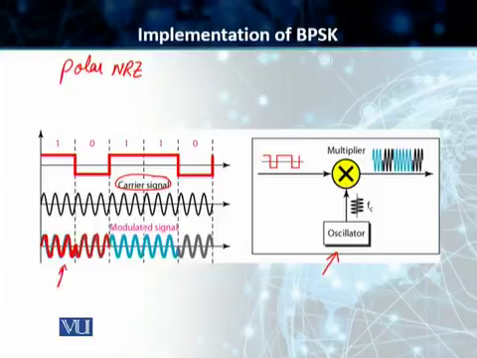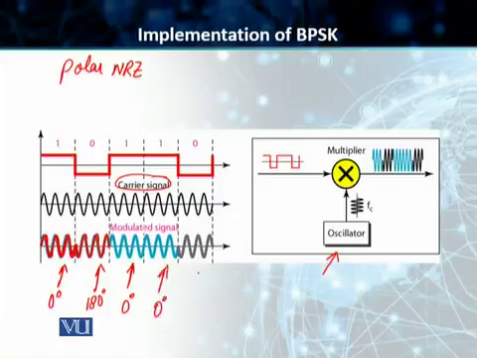So a 1 is represented by a phase of 0 degrees, and a 0 is represented by a phase of 180 degrees. Once again, we have got a 1, a phase of 0 degrees, and the phase varies as soon as we encounter a 0, and we have got a phase of 180 degrees.